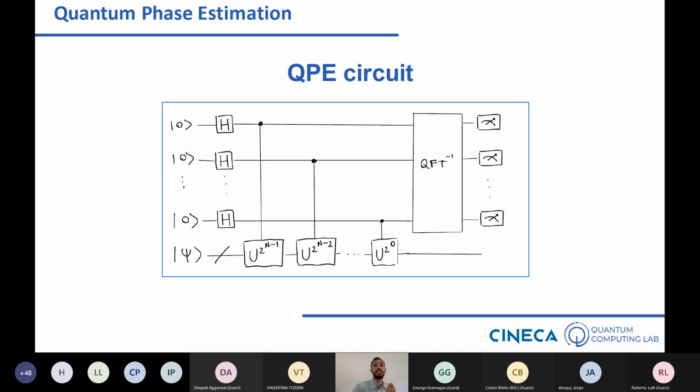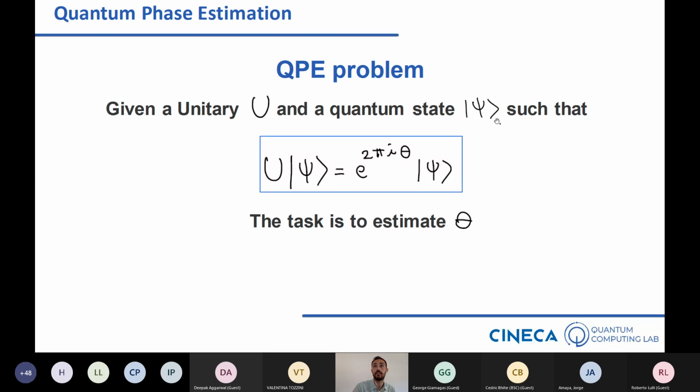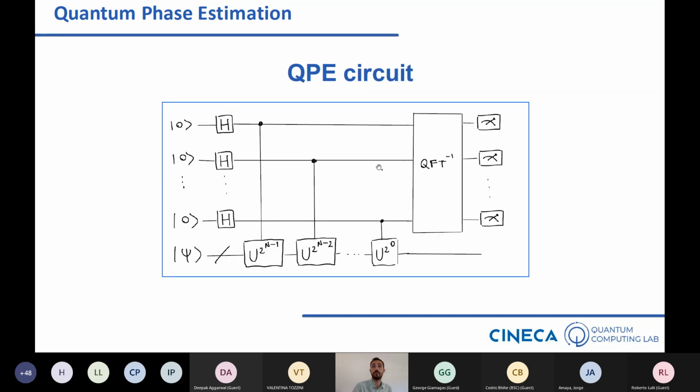So the quantum phase estimation circuit looks like this. We have a register of n qubits in the 0, 0, 0 state, and psi, which is the quantum state of which we want to calculate the phase, so the theta that appears in the eigenvalue. We apply Hadamard gates and controlled U gates to psi.